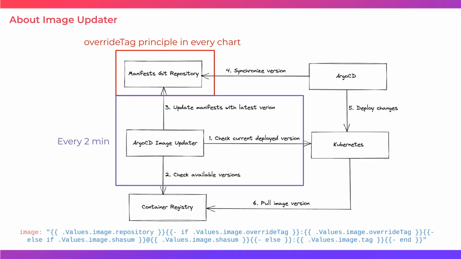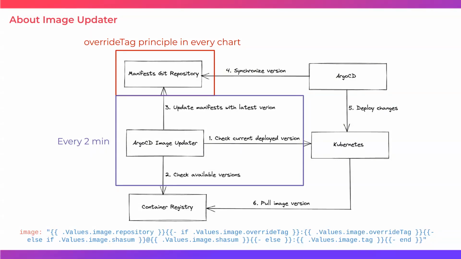So now let's talk a bit about Image Updater. Image Updater is a tool developed by the same company as Argo CD, and what this tool does is check the version of the web application you deploy in Kubernetes.